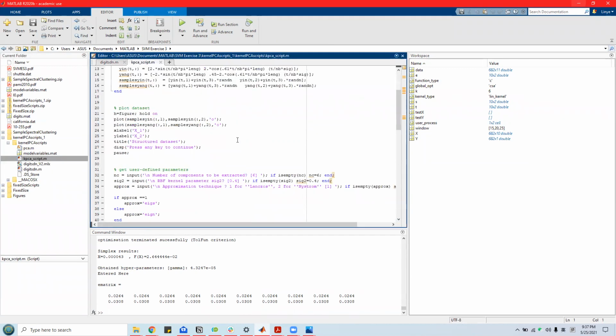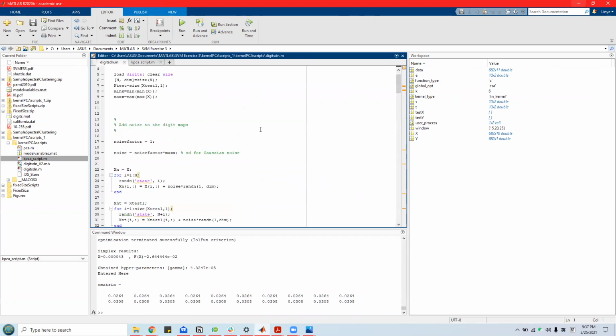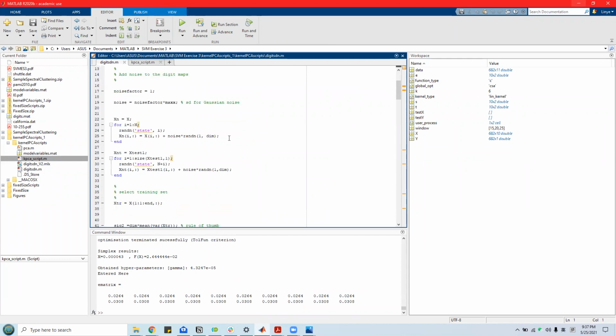But here you already trained the model with clean digits, and I don't know whether it's good. It seems strange to me.